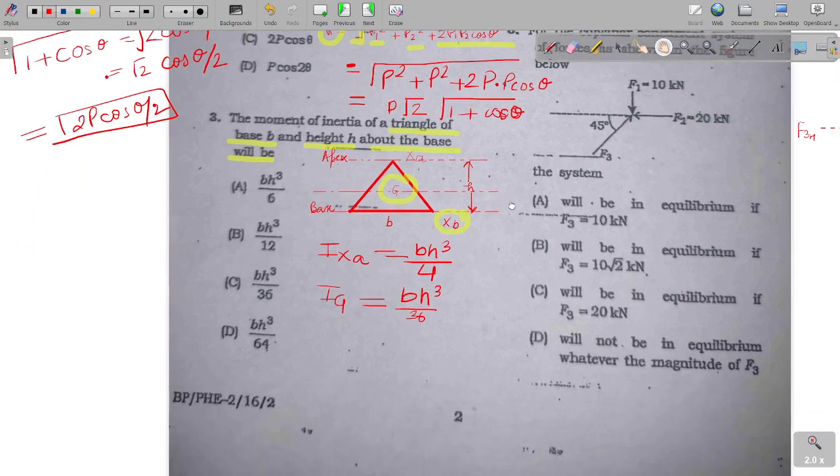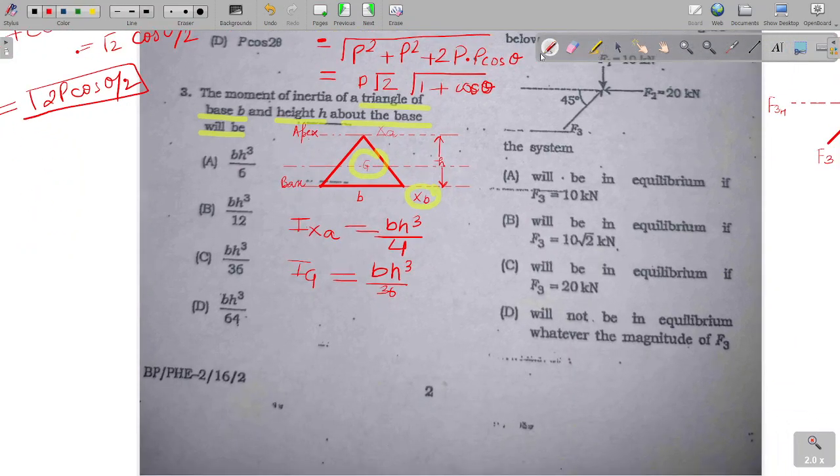And the moment of inertia about base, what's asked in the question, is bh cubed by 12. So we have got our answer. We can easily derive it in our detailed discussion in our classes. We will be deriving it as well. So our correct option is option B, bh cubed by 12.